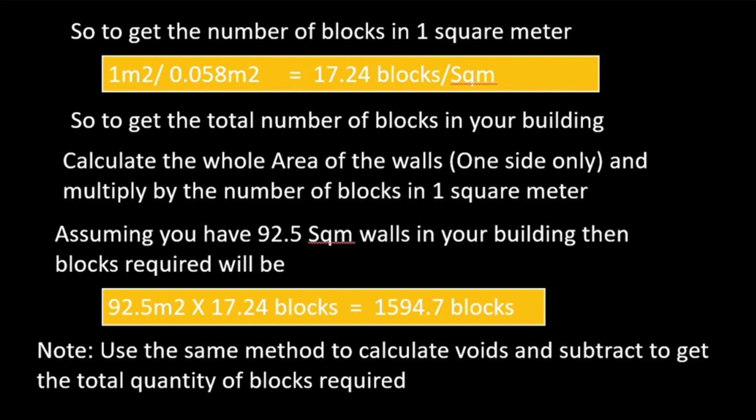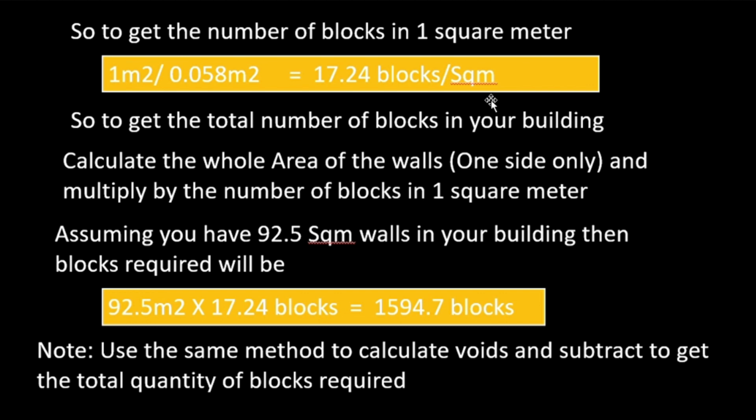So to get the number of blocks in 1 square meter, what we do is 1 meter squared over 0.058 meter squared, which is equal to 17.24 blocks per square meter. So we have 17 blocks in a square meter for this wall.